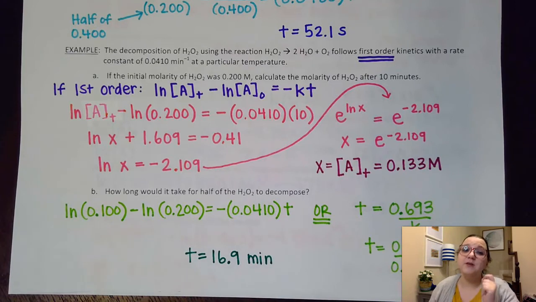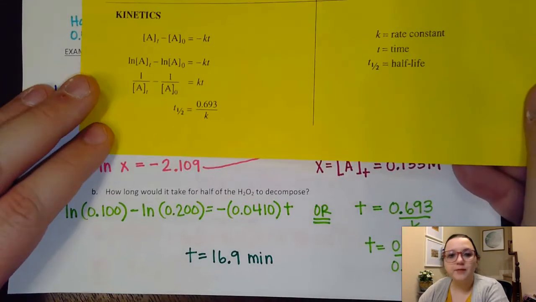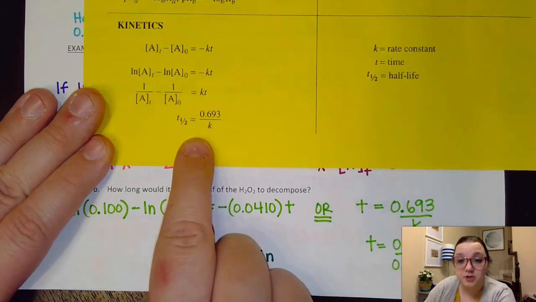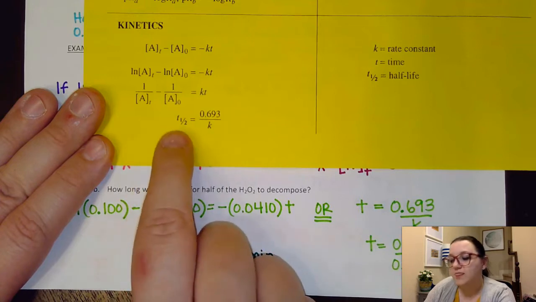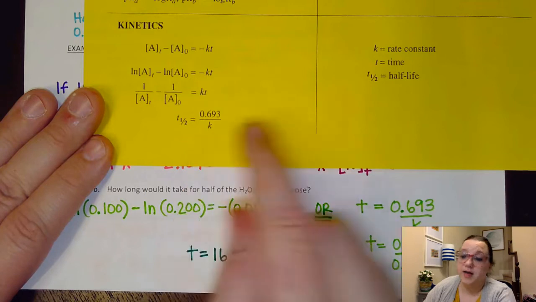However, you do have another option here because this was first order. Don't forget that on your formula chart, we have a half-life equation if we have a first order reaction. We can get that time by putting 0.693 over our k value.